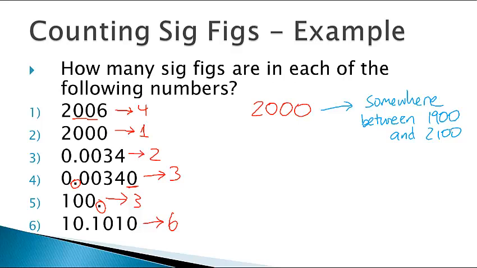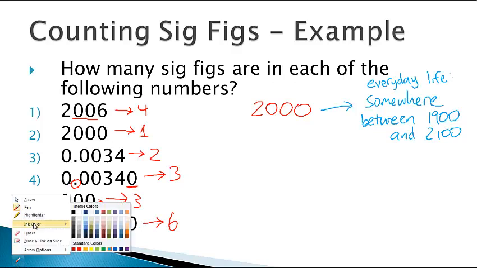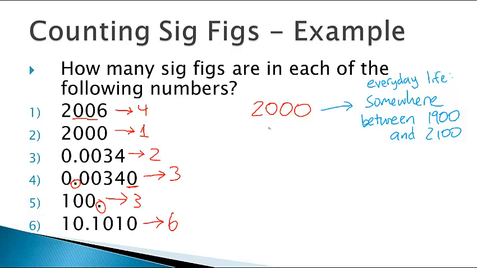Really the convention in science is this. In everyday life, if I say 2,000, I probably mean between 1,900 and 2,100. But according to our scientific conventions, without listing an error bar, this means somewhere between 1,000 and 3,000.